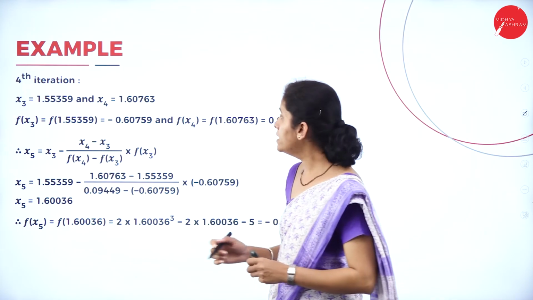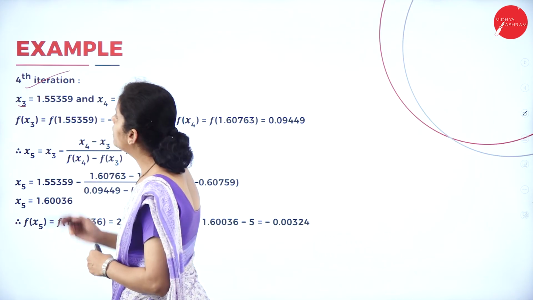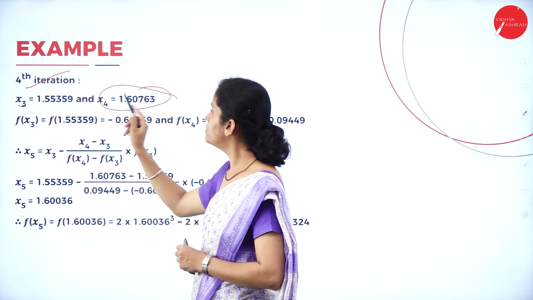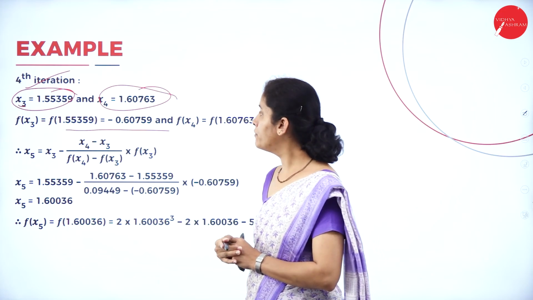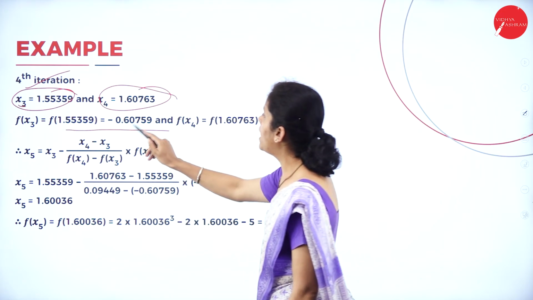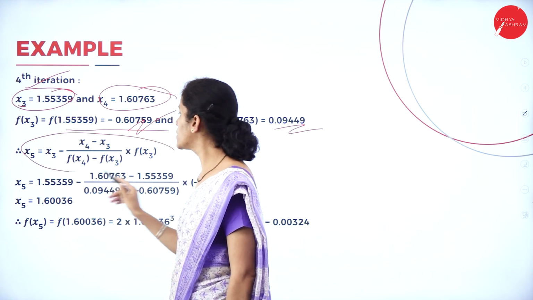So, dear student, we are in fourth iteration and I have the values x3 and x4. After finding out f of x3 and f of x4, I got some value. Now I'm going to substitute these values in this equation.